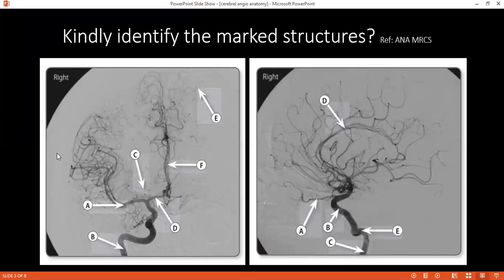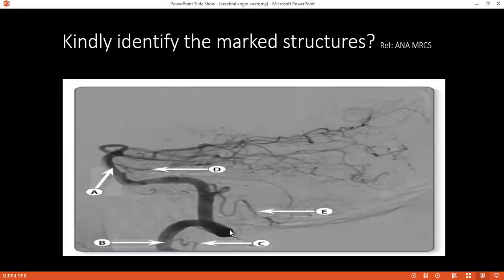Okay, we'll move on. In this image, identify what this B is, and then A. And what kind of image is this? This is a vertebral artery angiogram. So what is the course of the vertebral artery? The vertebral artery originates from the first part of the subclavian artery.